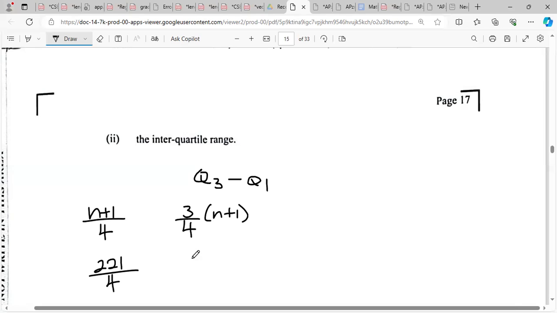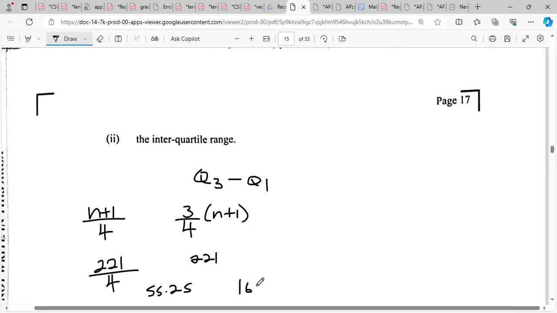And of course, I work out 221 over 4, which is 55.25, so 55. And for the 3 quarter one here, 165.75.